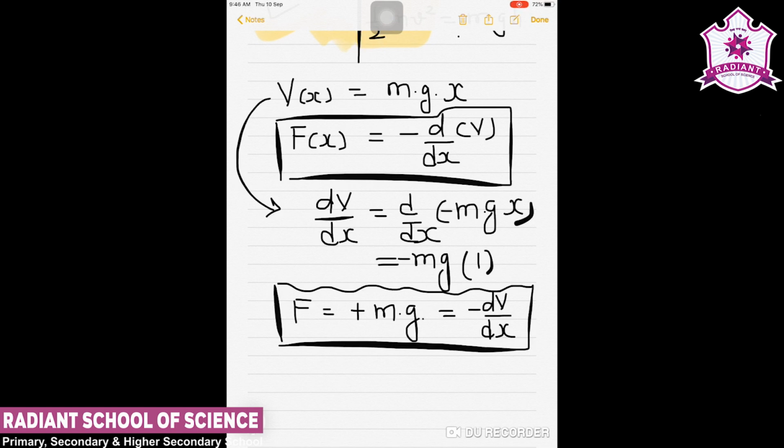The work done by a conservative force such as gravity depends on the initial and final position only. So we need not consider the distance that it has covered, or the path. It is path independent. In chapter number 5, we have already worked on examples dealing with inclined planes. For those inclined planes, the speed at the bottom was given by root 2gh irrespective of the arrangement of the inclination.